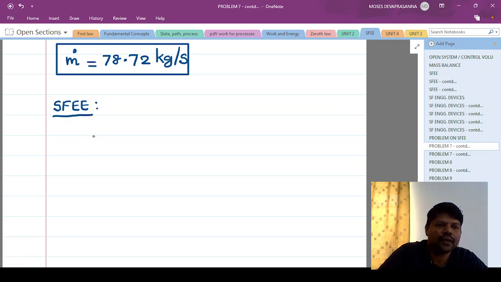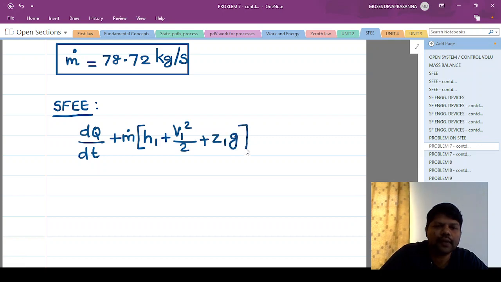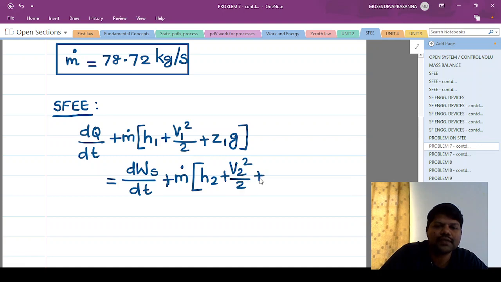I'll write the full equation: dq by dt plus m dot into h1 plus v1 square by 2 plus z1g is equal to dws by dt, rate of shaft work, plus m dot into h2 plus v2 square by 2 plus z2g.